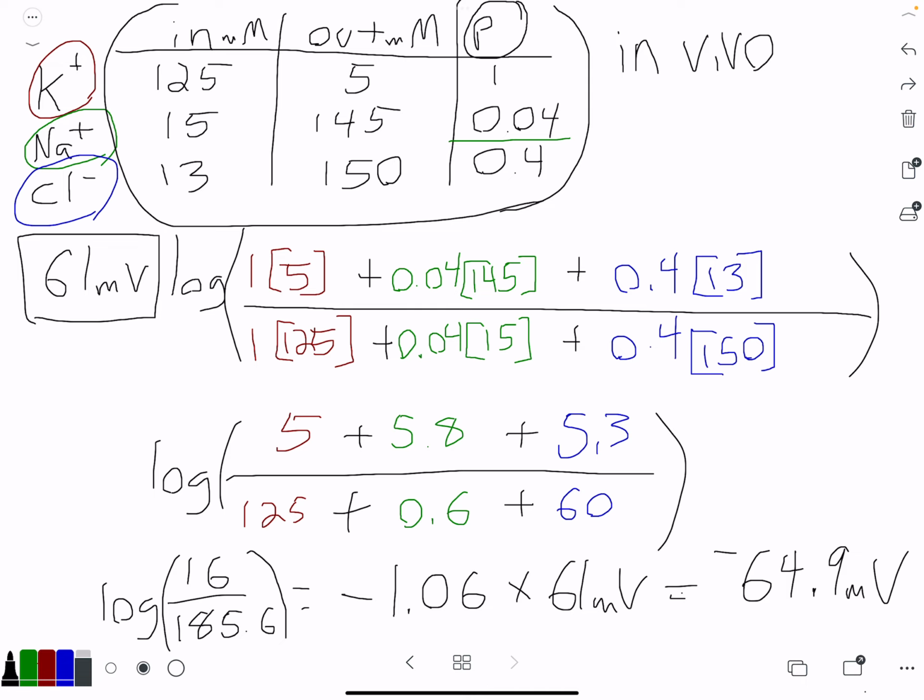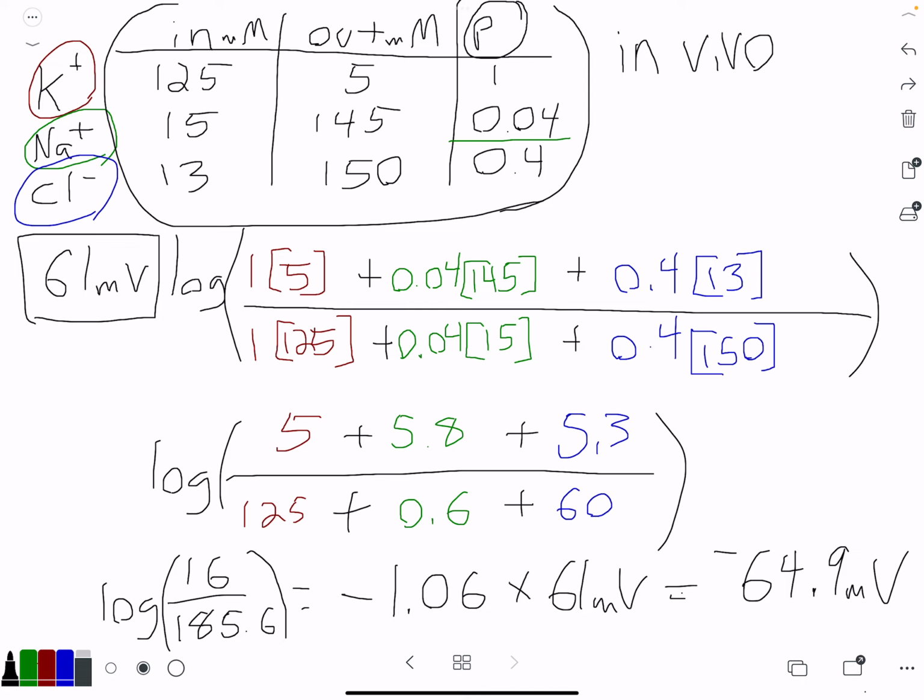So if you make the membrane permeable to potassium, potassium is going to move from inside of the cell to the outside of the cell, moving down its concentration gradient. When it does that, it's taking a positive charge with it, right, from the inside to the outside. So every time a potassium goes to the outside, the outside is becoming a little bit more positive, and the inside is becoming a little bit more negative.